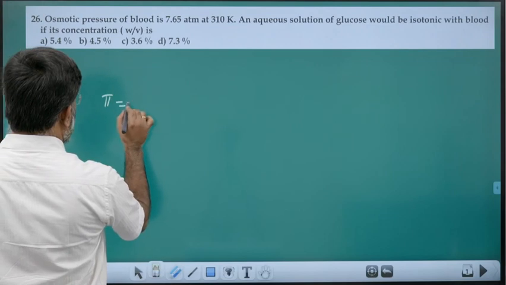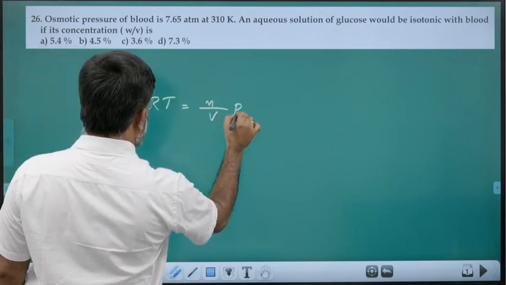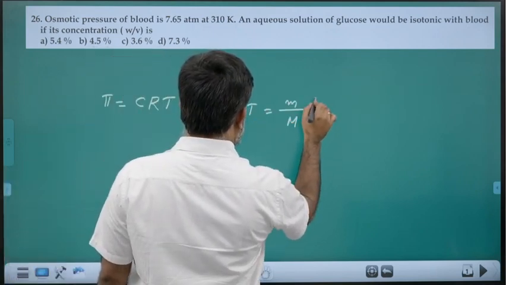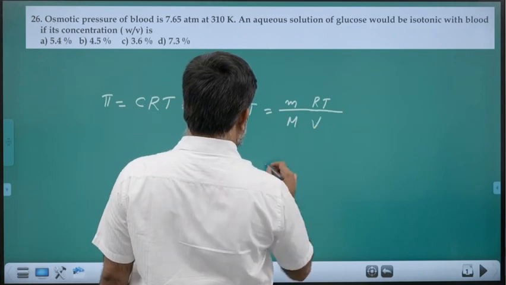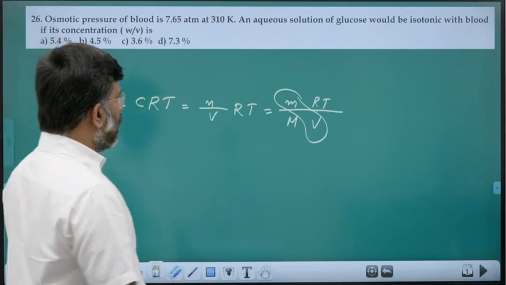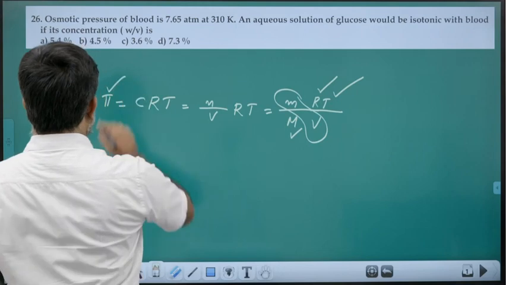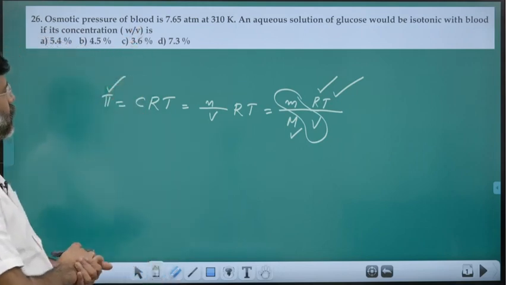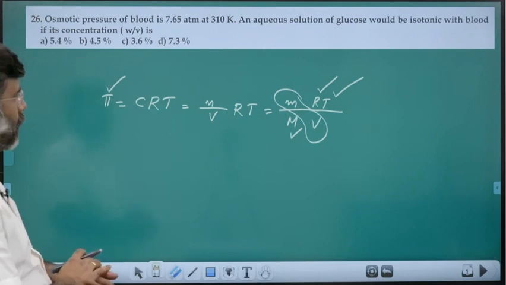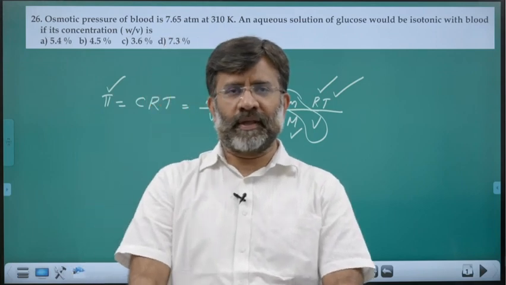Pi is equal to CRT, equal to n by V RT, equal to w by M into RT by V. This is what we want. R you know, temperature given, M you know, and pi is given, 7.65. So you can find out w by V.